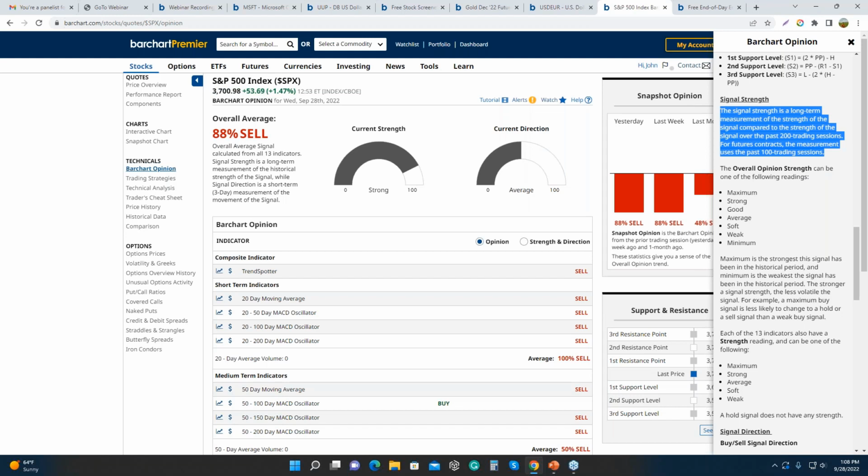It looks at the performance over the past 200 days. Now for futures, it's 100 days. Now in terms of our race car, this is really the speed of our trend. The faster the trend, the greater the angle of inclination of our trend, i.e. the greater the speed. So again, let's go back to our 20-day moving average.